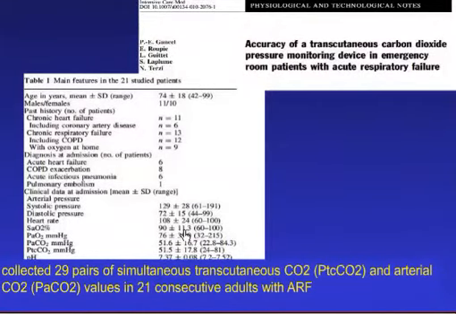This is one of the papers that was recently published and addressed patients that were admitted to the emergency room, in large part patients that may be candidates for or received non-invasive ventilation. There were collected 29 pairs of simultaneous measurements of transcutaneous CO2 and arterial CO2 in 21 consecutive patients under these conditions.